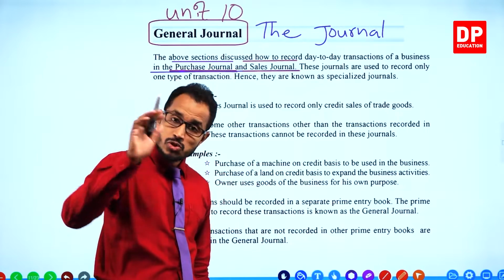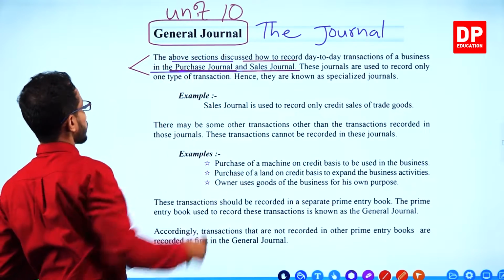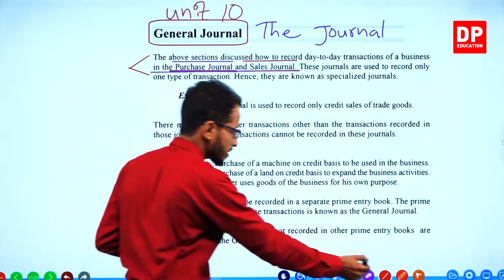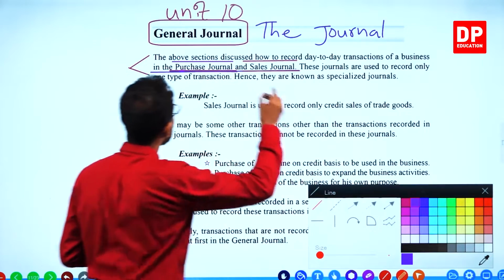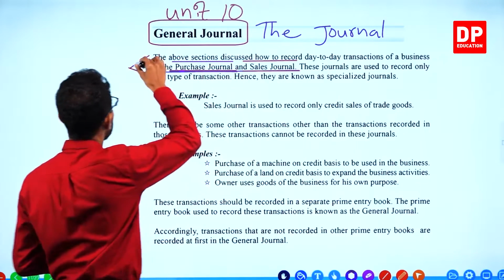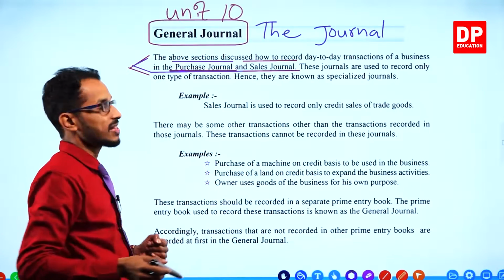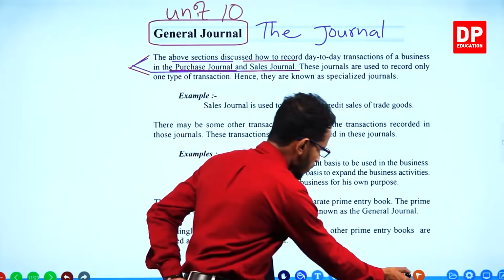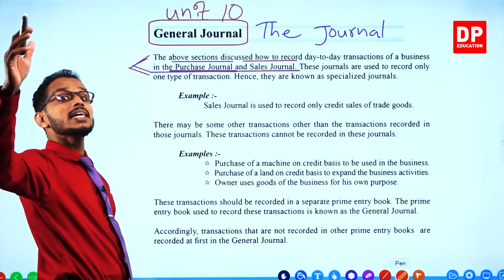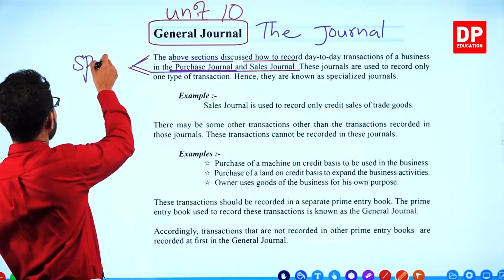All right. So, children, we use a special name for the purchases journal and the sales journal. We call them specialized journals.